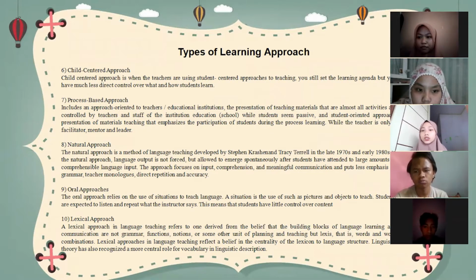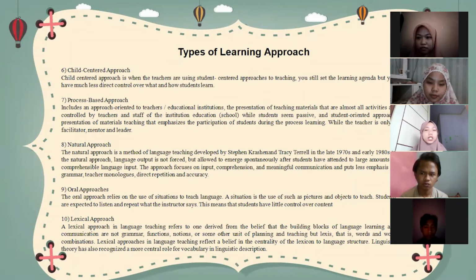The natural approach is more concerned with providing understandable input. This principally results in classrooms where teachers emphasize engaging, understandable input and allow insight situations. And then the oral approach.